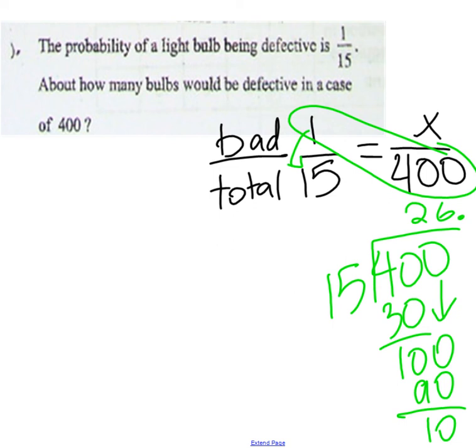Since we get 10 as our remainder, that's just going to keep repeating. So this would be 26.6 repeating, but since you can't have part of a bulb, we'd say about how many would be bad? We say about 27.